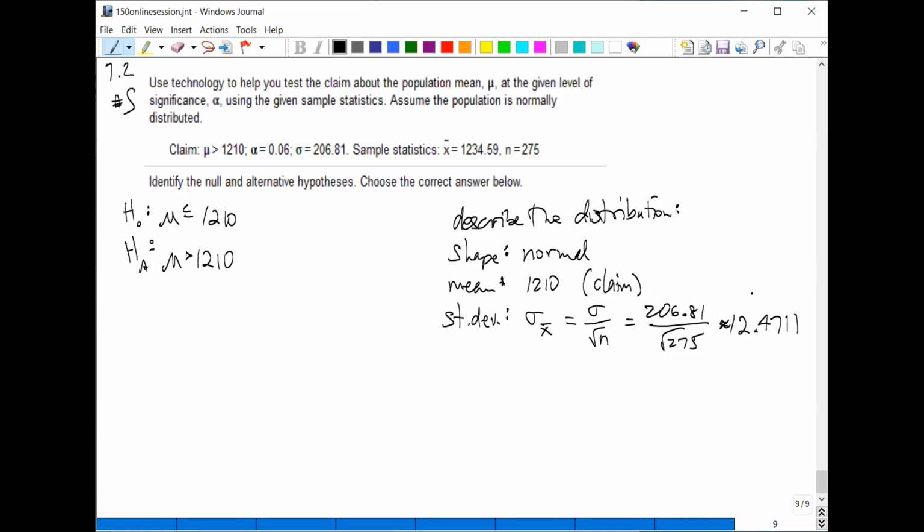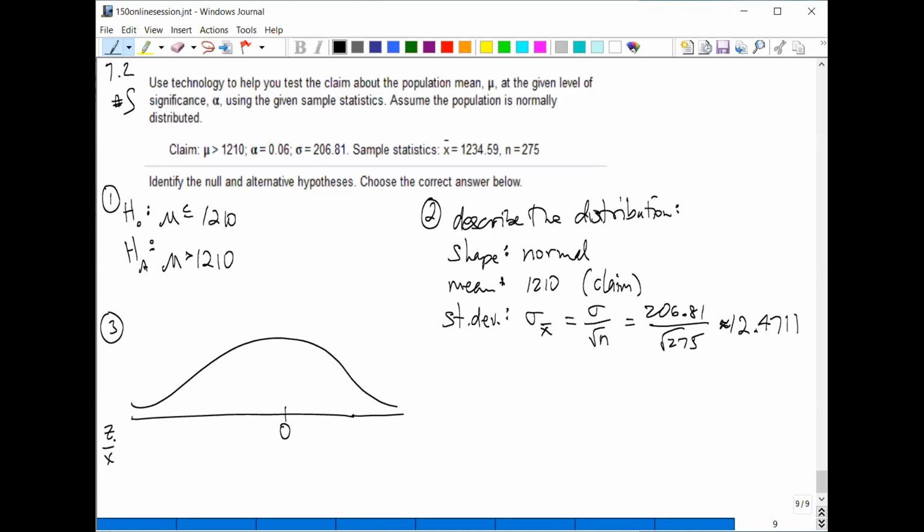Okay. So now we can draw the picture of the situation. So remember, step 1 is write down your hypotheses and the givens. Step 2 is make sure you describe the distribution. Step 3 is to draw the picture. It's a normal distribution, so there you go. We've got Z and 0 in the middle. And then this problem is about X bar.